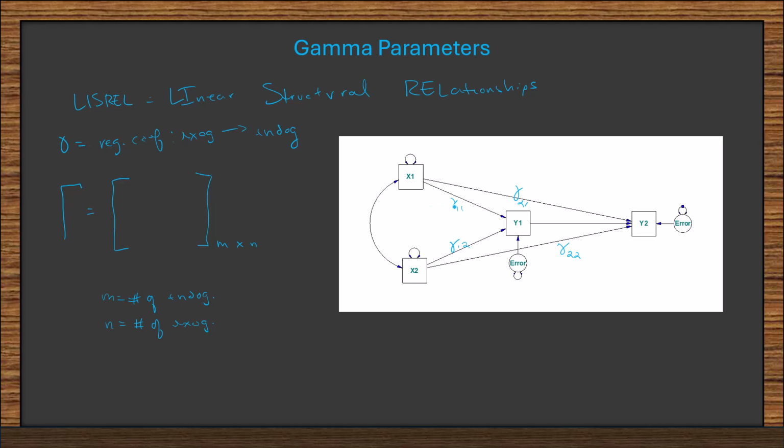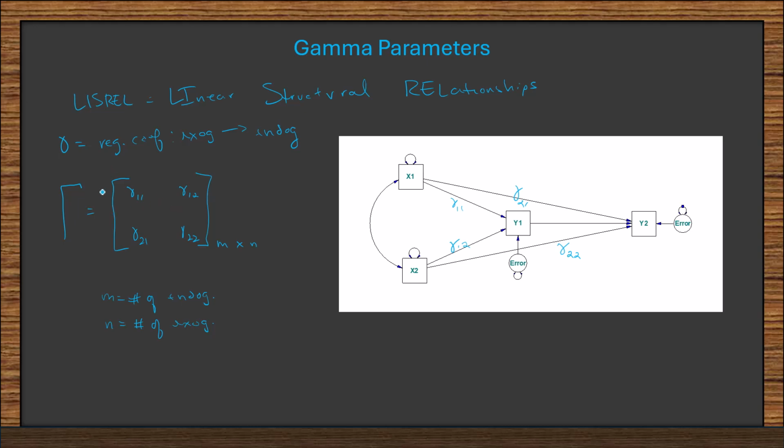So in this case, if we just take these 4 parameters based on their subscripts, the first number refers to the row, the second number refers to the column. So this gamma 1,1 goes here, first row, first column. Gamma 1,2 goes here, the first row, second column. Gamma 2,1 comes here, second row, first column, and then finally gamma 2,2, second row, second column. That's how we store our parameters.